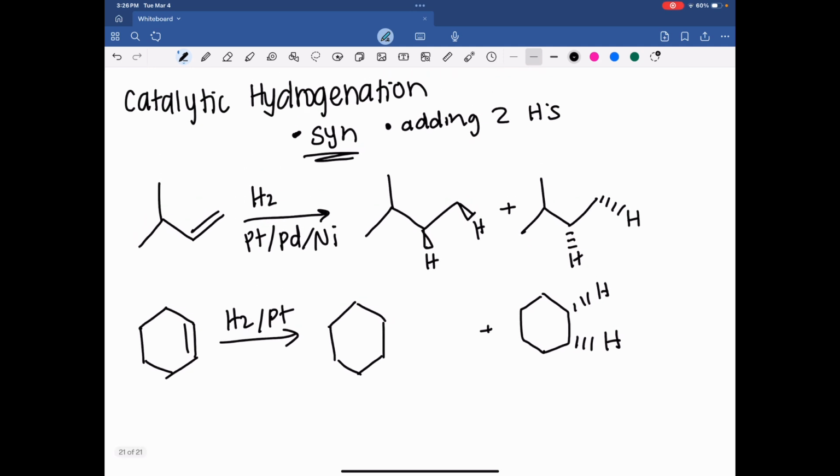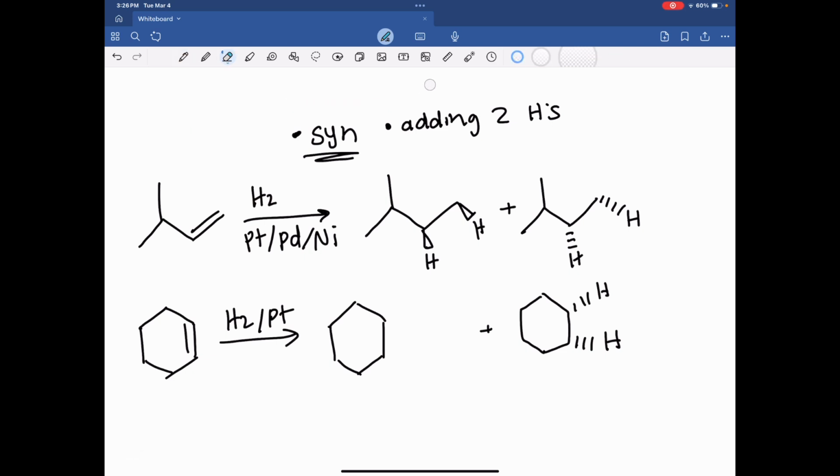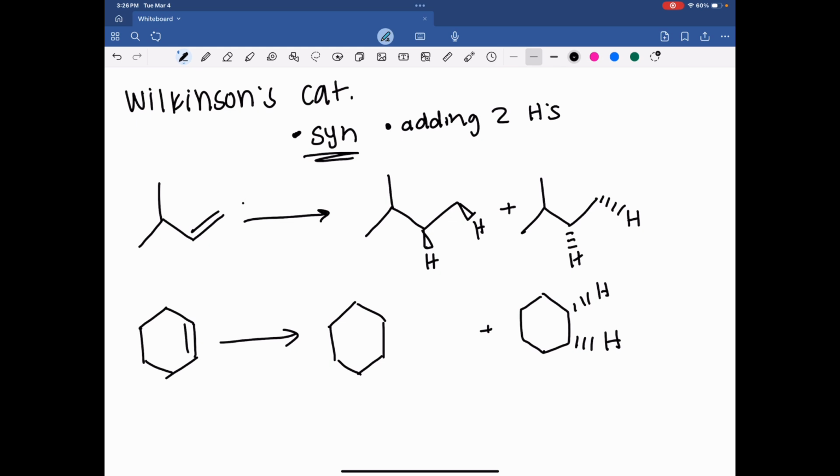For Wilkinson's catalyst, it's literally the exact same thing. I will draw the differences. Wilkinson's, oh, did I spell that right? Yes, I did. Wilkinson's catalyst. The only difference is going to be our reagent is H2 and Wilkinson's.